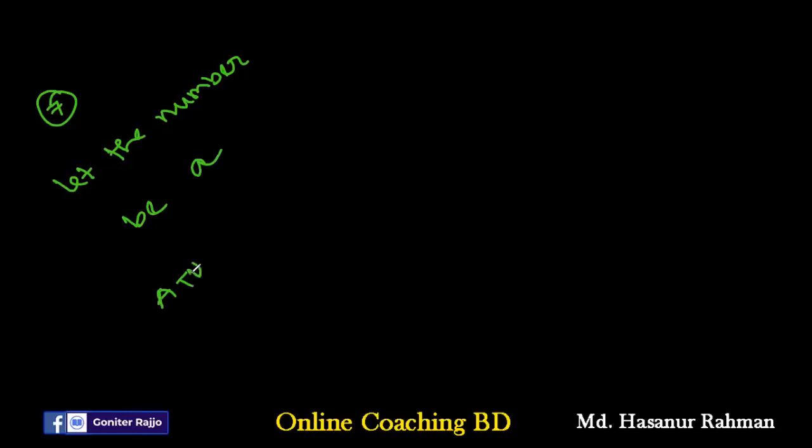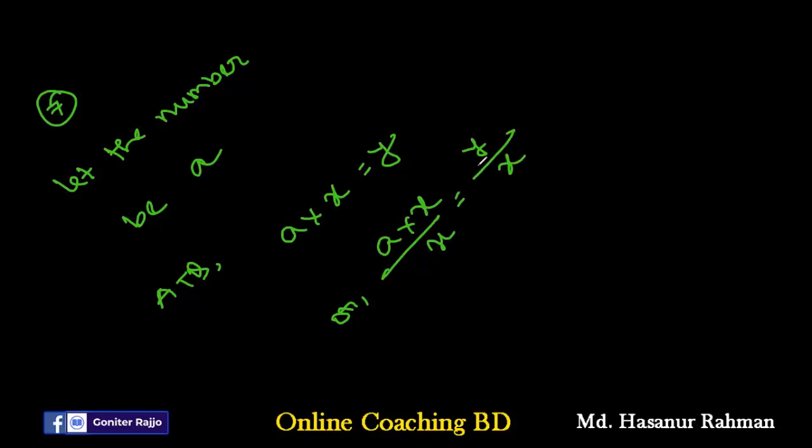So according to the question, we can write, if I multiply a by x, it will be y. So what will be the value of a right now? Now we have to divide both sides by x, then we'll get our final solution. So x by x, therefore, the value of a will be y by x. So now we got our final answer in terms of y and x.